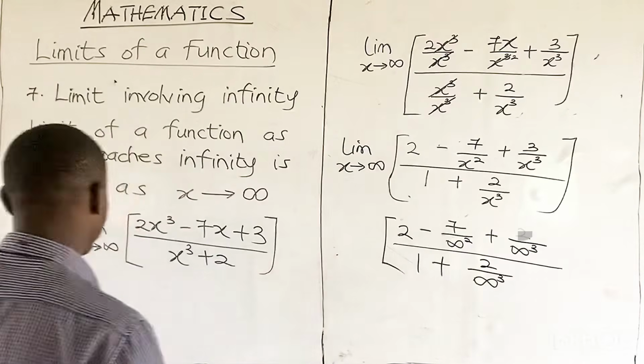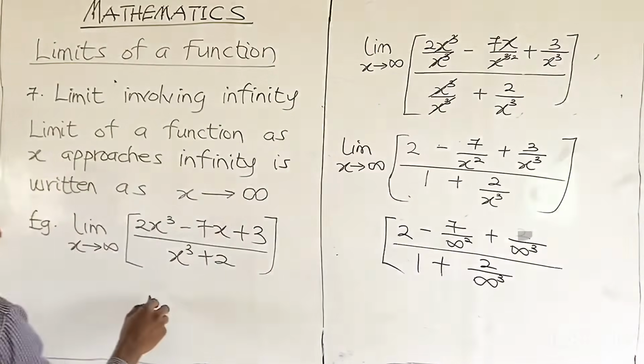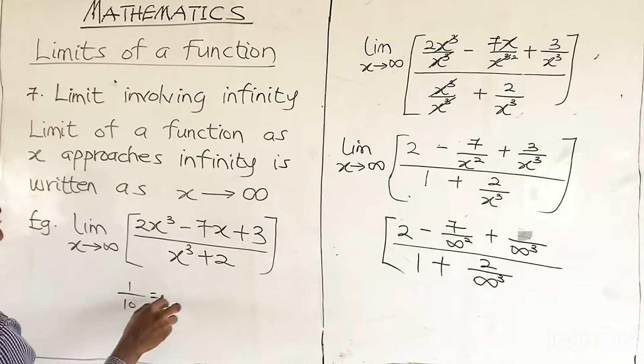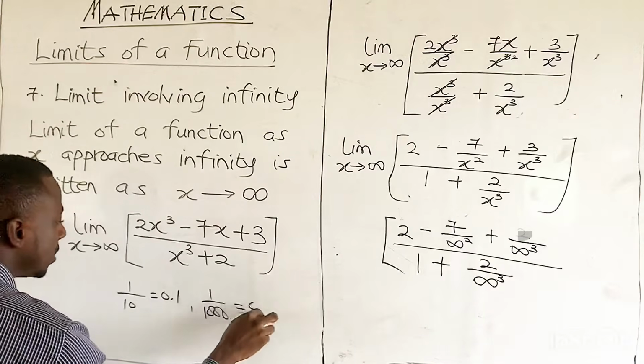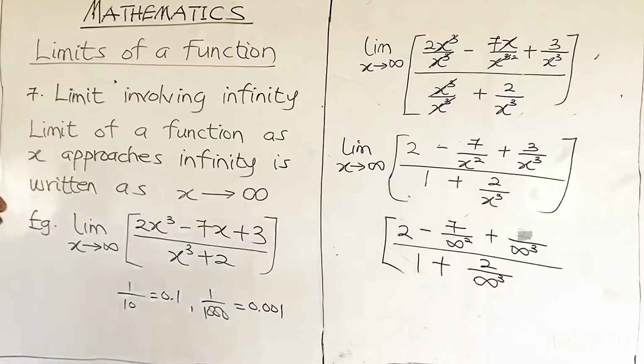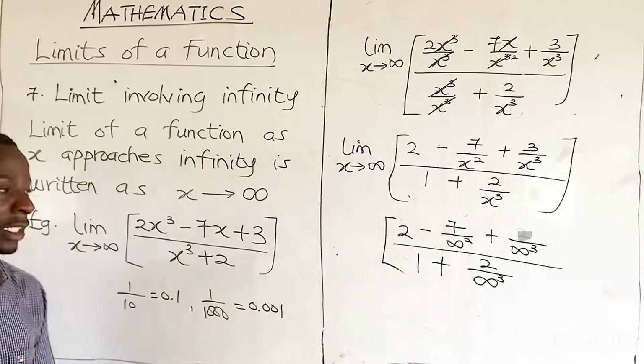As a short recap, 1 over 10 is 0.1, 1 over 1000 is 0.001. So as we divide by a very large number, it approaches 0.